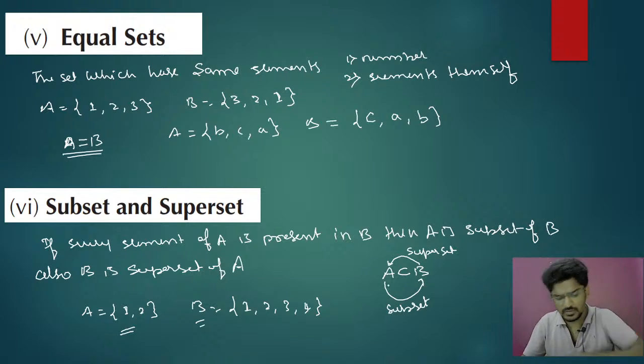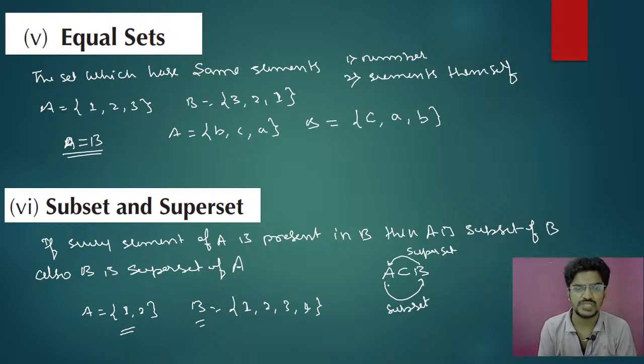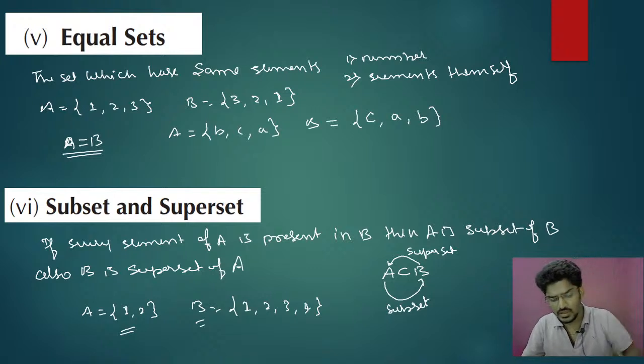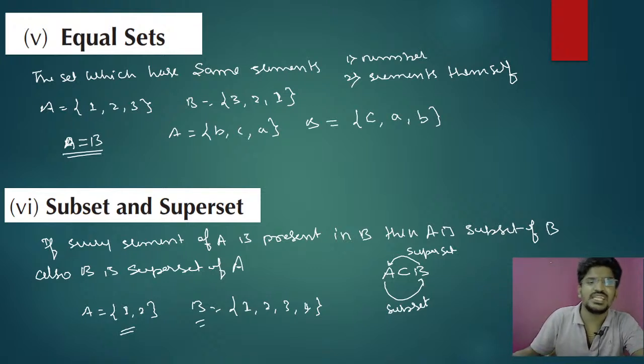So from this you can tell that if every element of A is present in B, then A is called a subset of B. Also we say B is a superset of A. So if I write like this, it means A is a subset of B and B is a superset of A. So from this you can understand what is a subset and what is a superset.